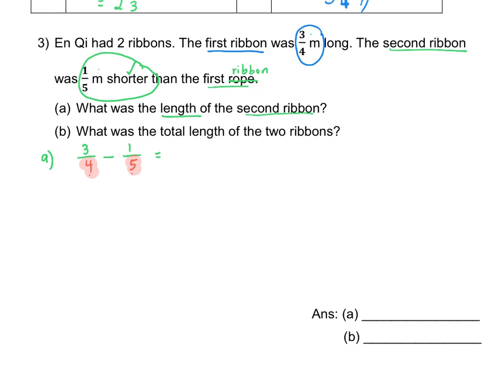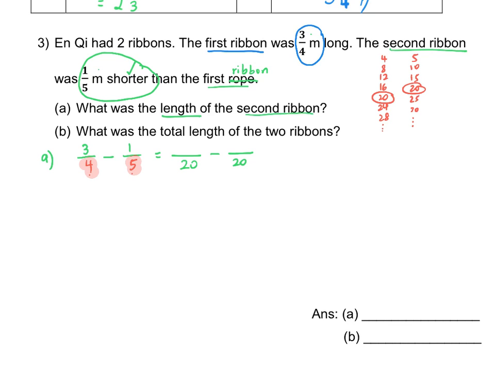So between 4 and 5, I do the listing at the side. 4, 8, 12, 16, 20, 24, 28, and so on. 5, 10, 15, 20, 25, 30, and so on. What is the common multiple between 4 and 5? 20. Okay, so my aim is to change both the denominators to 20.